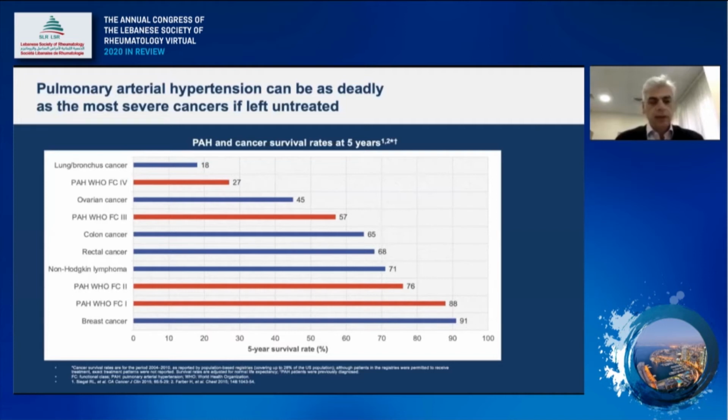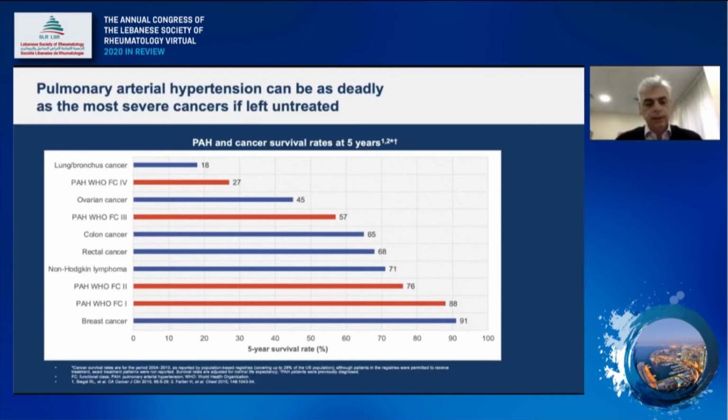This is data taken from the REVEAL registry looking at the different functional classes of pulmonary hypertension. Looking at functional class 4, 3, 2, and 1, you can see that functional class 4 can be almost as deadly as lung cancer and ovarian cancer, while functional class 1 and 2, as far as 5-year mortality, could be as deadly as non-Hodgkin lymphoma and breast cancer.